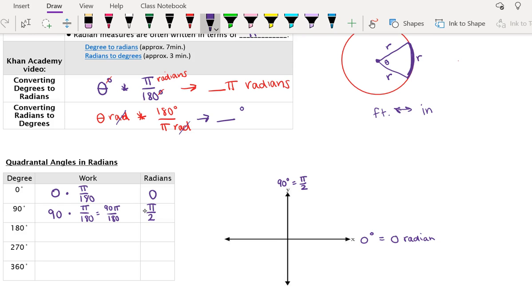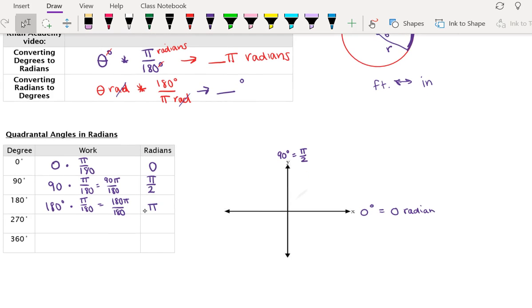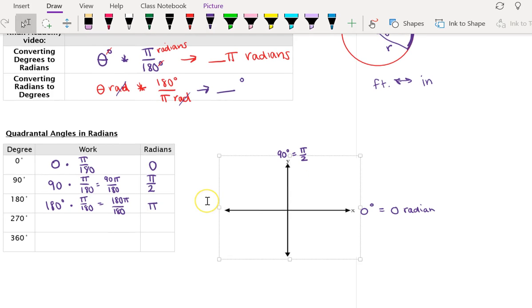If I have 180 degrees times pi over 180, that's equal to 180 pi over 180, which is just pi. So 180 degrees, on the x-axis, is equal to pi radians. Those are the equivalent.